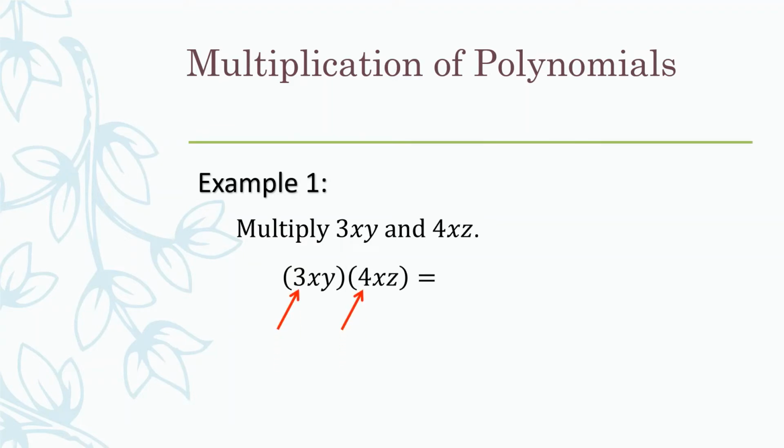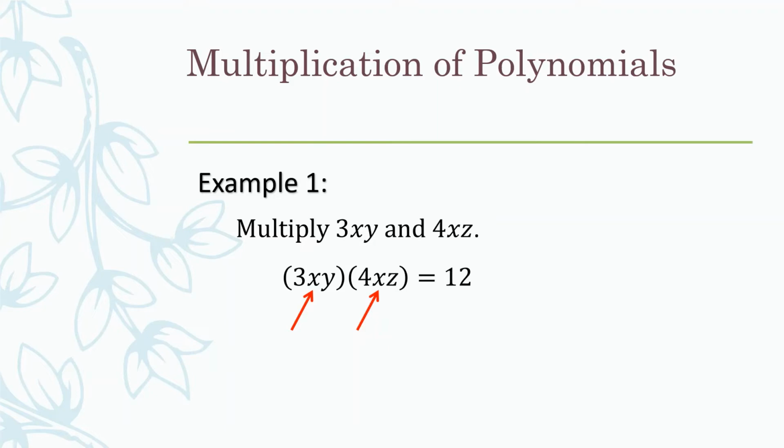start muna tayo sa numerical coefficients. 3 times 4 is just equal to 12. Tapos, move tayo sa literal coefficients. X times x. So, note that x has an exponent which is equal to 1.